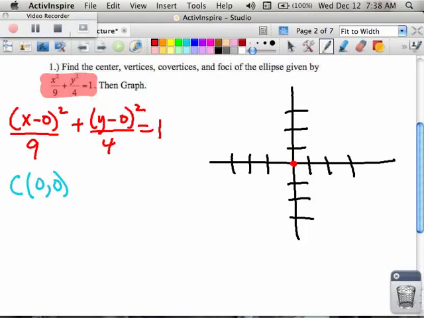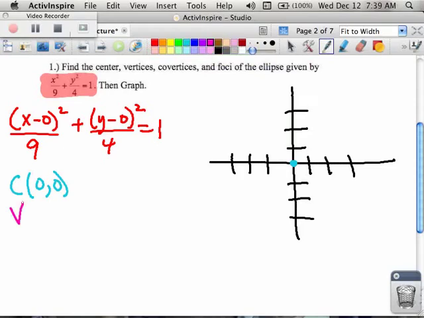As I look underneath my x and y parentheses, I notice that the bigger number is the 9, which happens to be under the x parentheses. So if I take the square root of 9, which is 3, from my center I will go in the x direction 3 units.